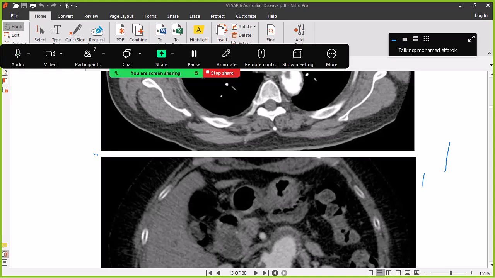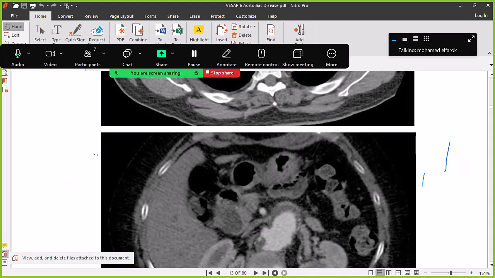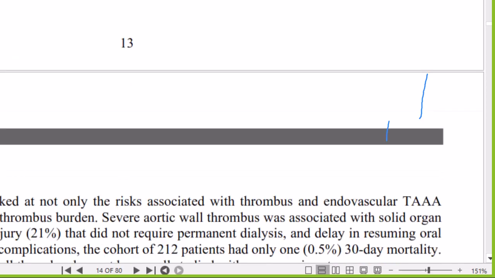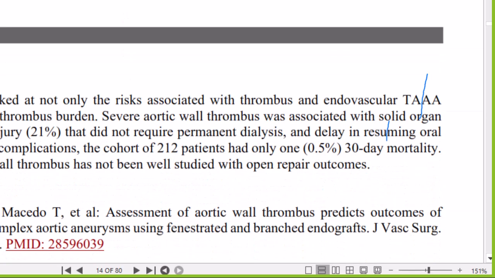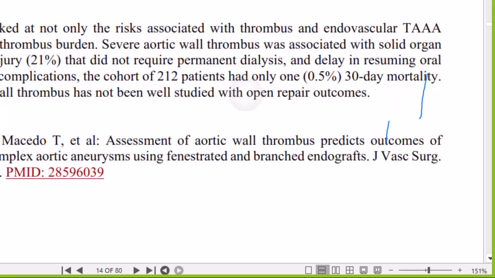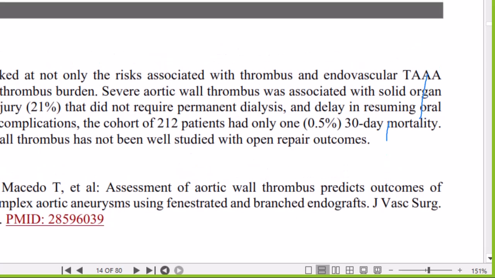To answer this question, you actually need to have read a single paper. Here is the discussion. There was a doctor from the United States, very well known, Dr. Oderich. Here is the single reference, just Oderich. Oderich collected, I think, 200 cases.